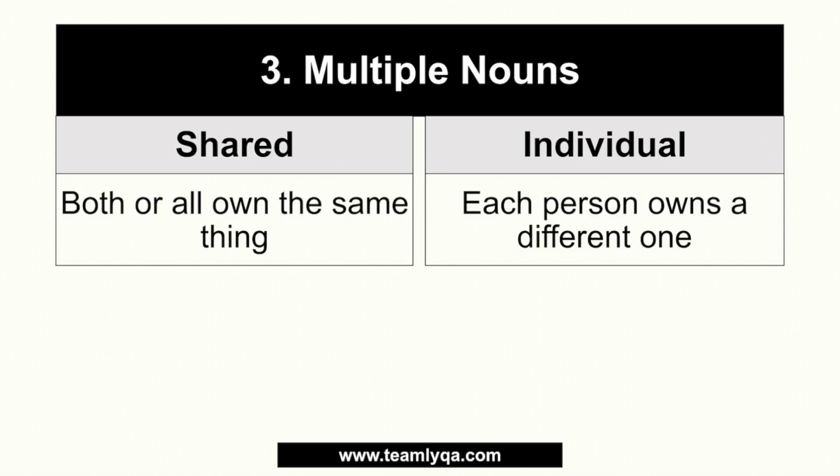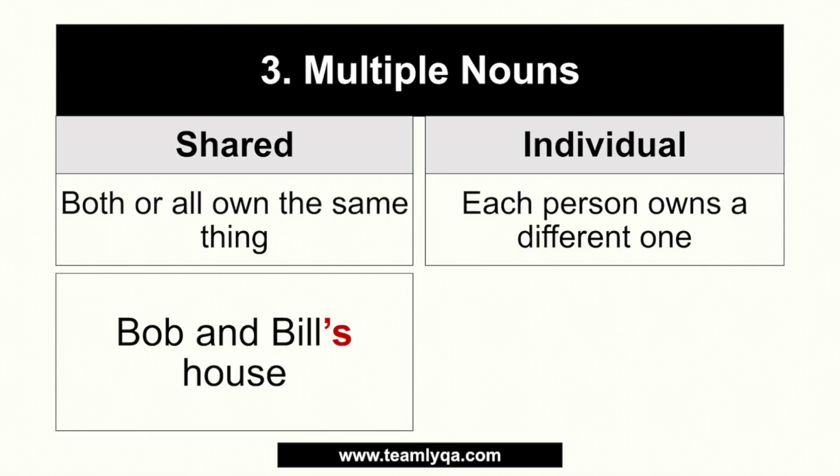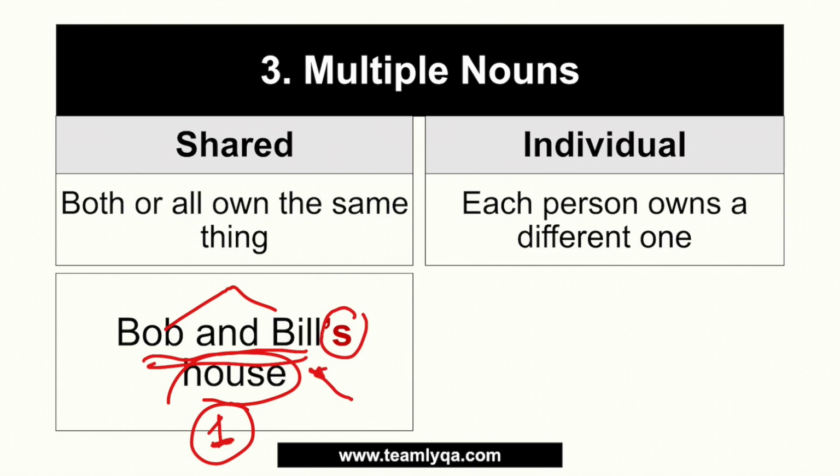The best way to show you that would be through an example. So, for example, ito, Bob and Bill's house. Kapag yung house ay isa lang, at pag may-ari siya nina Bob at Bill, okay, so pareho silang may-ari ng house, and it's the same house, the same one house, at share nila yung house na yan, you will use apostrophe S only sa nasa dulo, kay Bill lang.